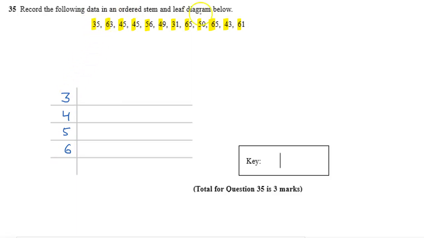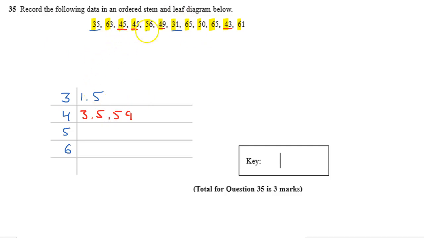Now check the number with 3, which is the smallest number. We have only 2 numbers, 31 and 35. So we will write 1 here and 5 here. Now number 4: we have 43, 45, 45 and 49.